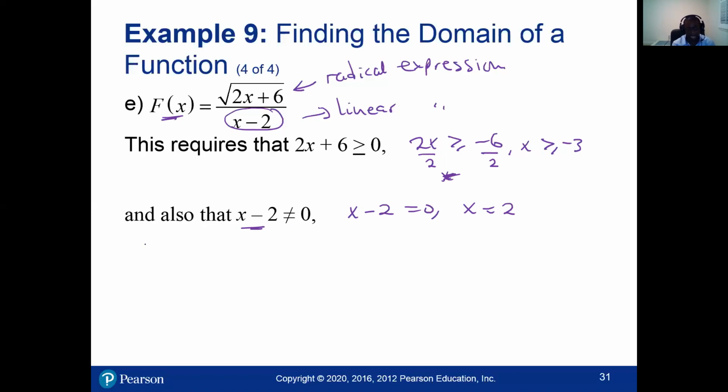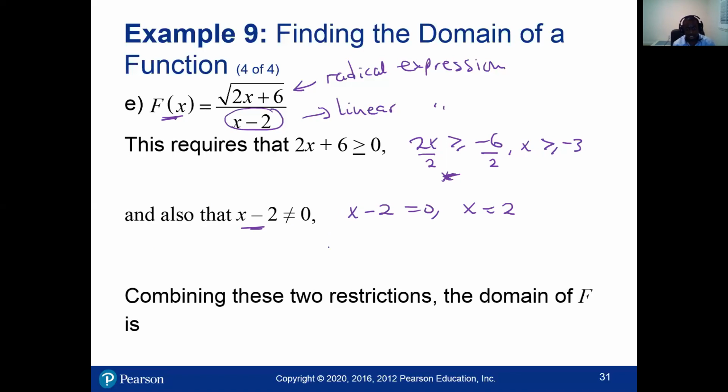Now, when we combine these two restrictions, the domain of f is: x must be greater than or equal to -3, and x cannot be equal to 2. Then if I write it in interval notation, it is inclusive, so we have a bracket on the -3, and it goes until you get to 2, but it doesn't include 2.